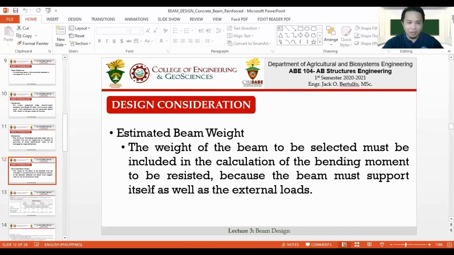Okay, that's a very common statement in designing. So in designing a beam, we need to include the weight of the material, which is basically a type of dead load, and also the external load.